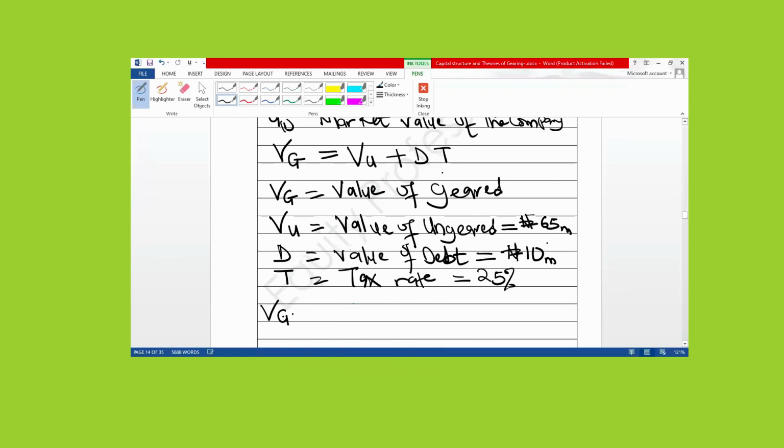You can return to this formula. Value of geared is equal to value of ungeared, 65, plus value of debt, 10, multiplied by the tax rate, 25%. Value of geared is equal to 65 plus 2.5.